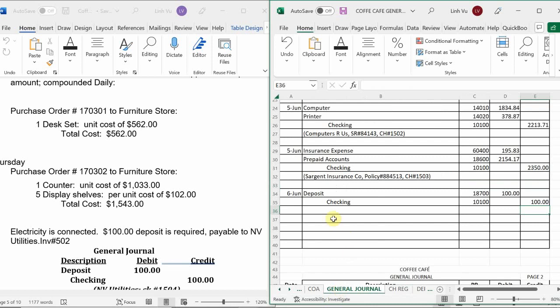So let's go ahead and plug that into my journal. So once again, I have NV Utilities. Right? Invoice number. What's my proof of a transaction here? Right? Invoice. Yeah.